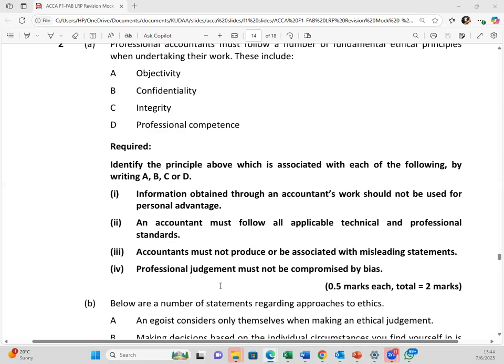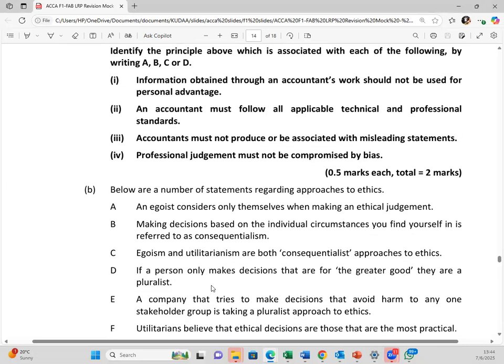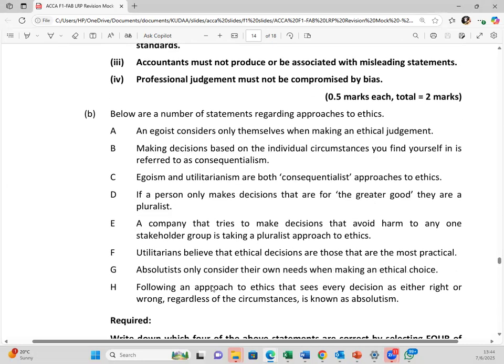So let's move to 2B. Below are a number of statements regarding approaches to ethics. Remember, an ethical behavior is a behavior which is considered as being the right way of behaving.